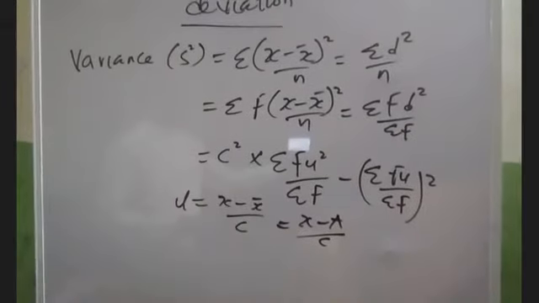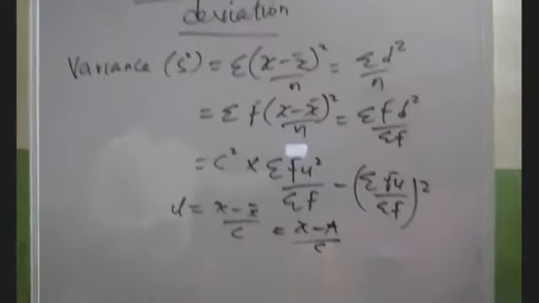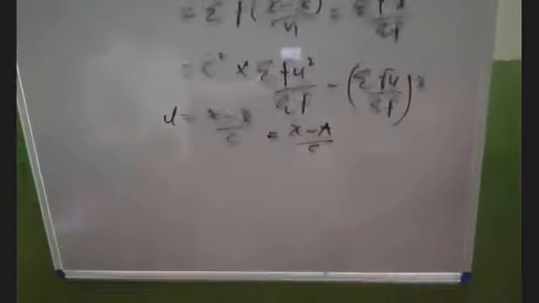So this is variance. Now, standard deviation is given as the square root of variance.